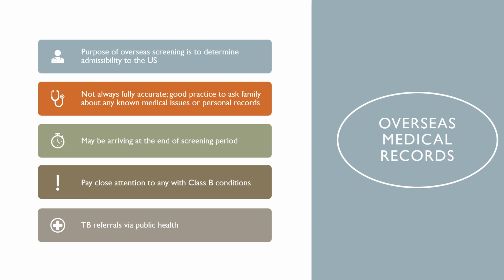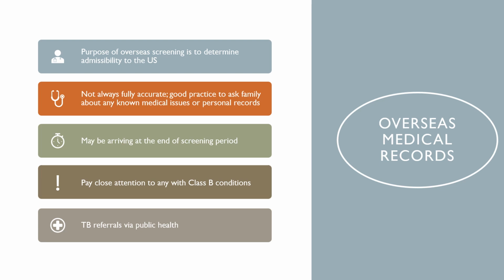Before we get into examples and actually look at what the overseas medical records look like, let's go over some quick tips and things to keep in mind. First of all, the purpose of the overseas medical screening is to determine whether a case is admissible to the US. It's not to diagnose or treat a condition, even though that can and does happen during this screening.